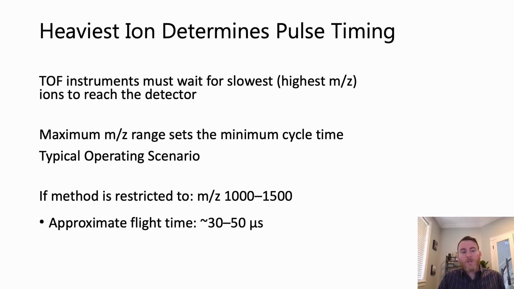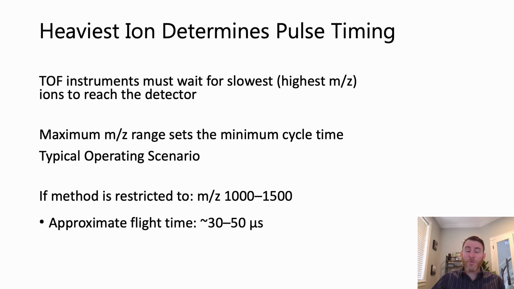This is really where your maximum M over Z range sets the minimum cycle time. Remember, masses of compounds can range from very light, 25 or 50 M over Z for really tiny molecules, all the way into the hundreds of thousands for things like proteins.